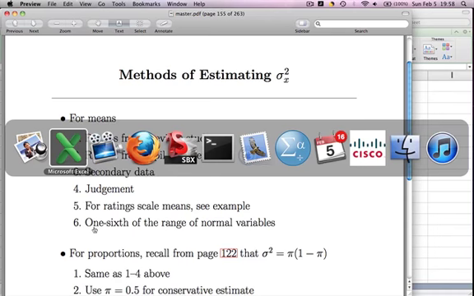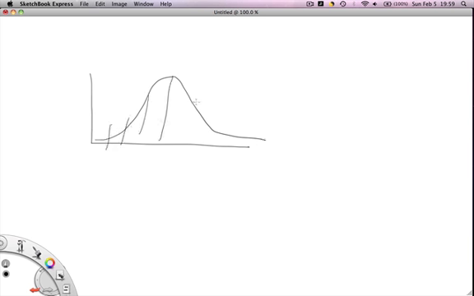So why 1/6 the range? Well, let's go back to our empirical rule. What the empirical rule tells us is that 99.7% of the distribution falls within 6 standard deviations, with 3 standard deviations either side of the mean.